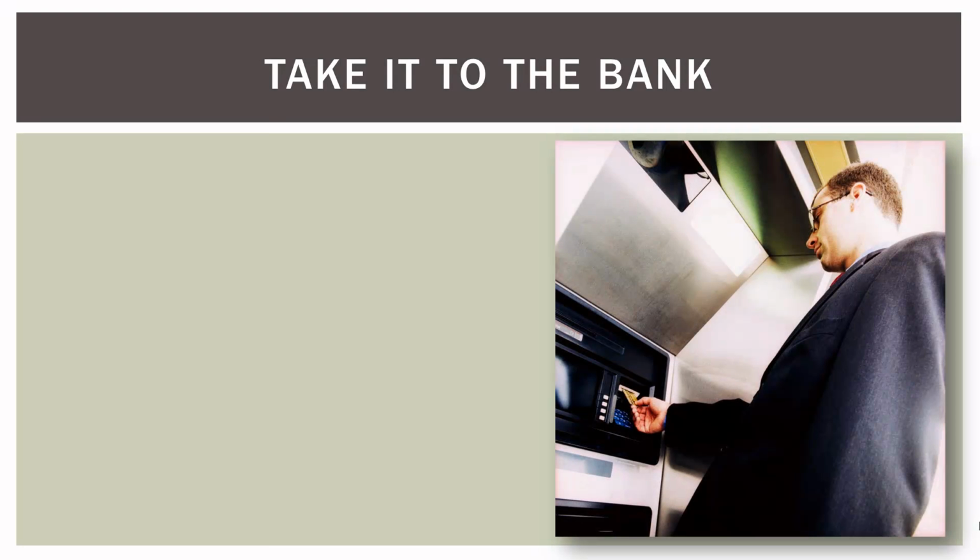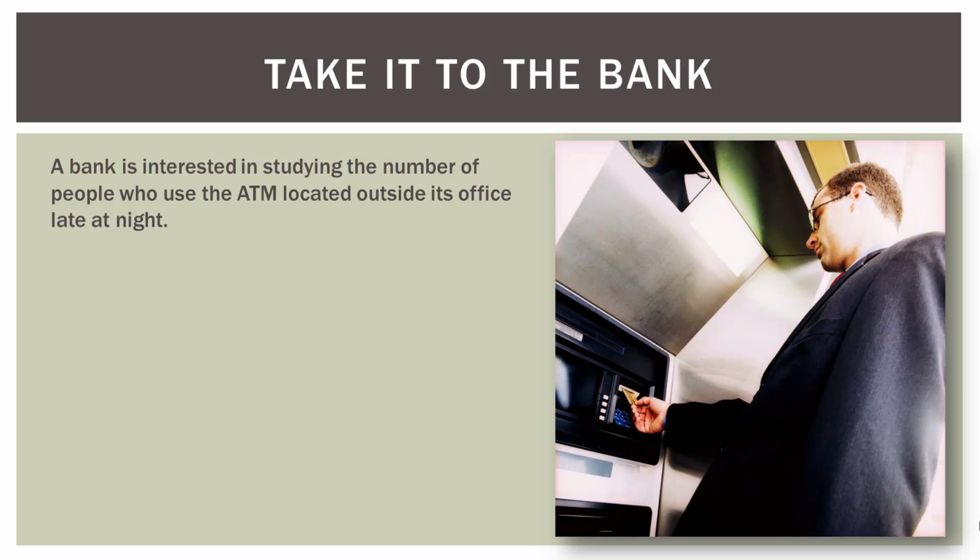So here's the first example, and I call it Take It to the Bank. A bank is interested in studying the number of people who use the ATM located outside its office late at night. Of course the bank closes at 5 or 6, but all of a sudden it's 10 at night, you're going out with your friends or your family, and you need some cash, so you got to find the ATM.